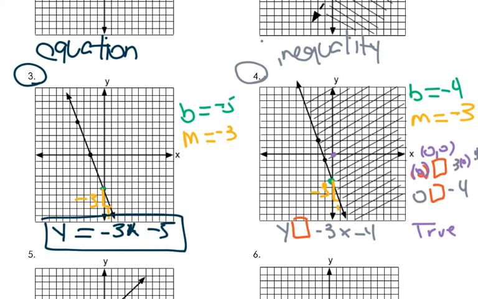So I know that my inequality is going to have a line underneath. But I want the statement to be true. So to make the statement true, it would have to be greater than, because 0 is greater than -4. So here my inequality back into my equation would be greater than or equal to.